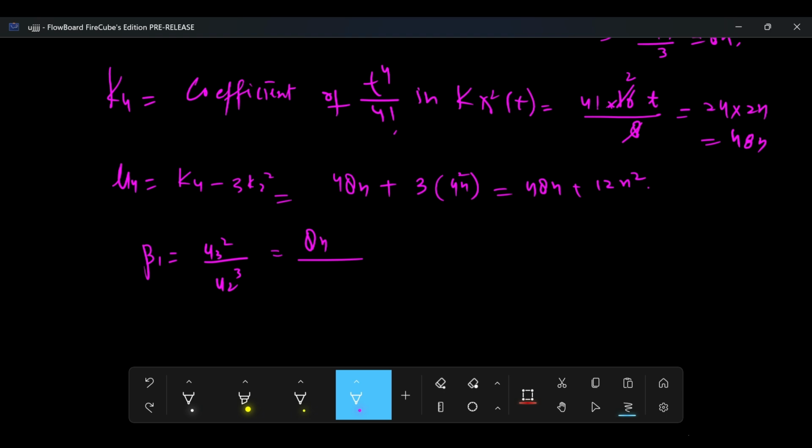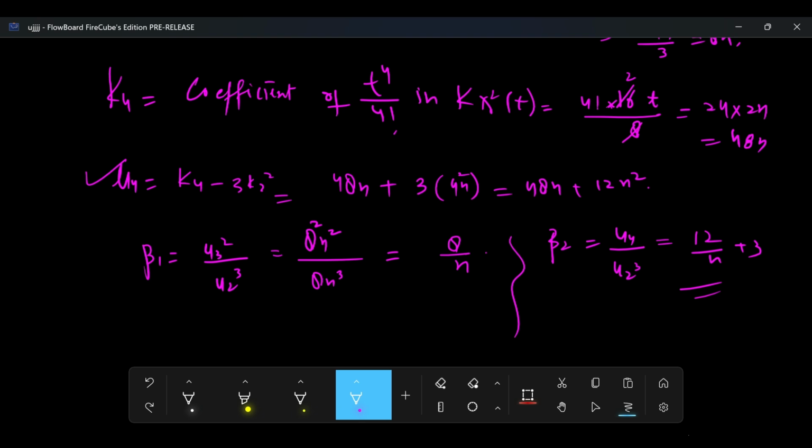Mu2 is 2n, so mu2 cube, 2 2s are 4, 2 2s are 8, this is 8n cube. Mu3 square is 8 square n square, which gives 8 by n. So beta 1 is 8 by n. And what's beta 2? That is mu 4 upon mu 2 square, and this will be simply equal to 12 by n plus 3. Remember this.